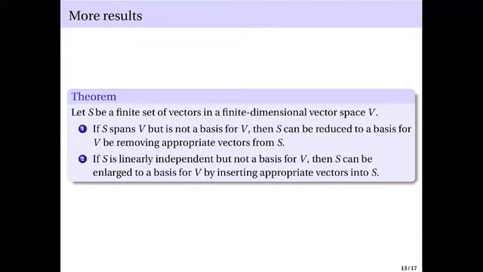Okay? So what does this mean? So for number 1, you have a vector space V, you have a set S, say this set S has R elements, V1, V2, until VR. And the span of S is equal to the vector space V. Okay?